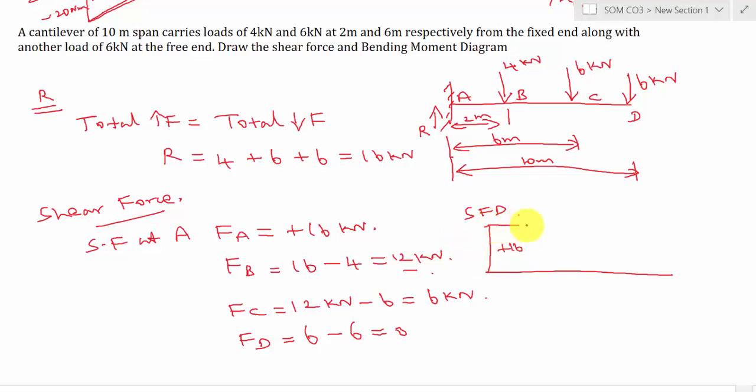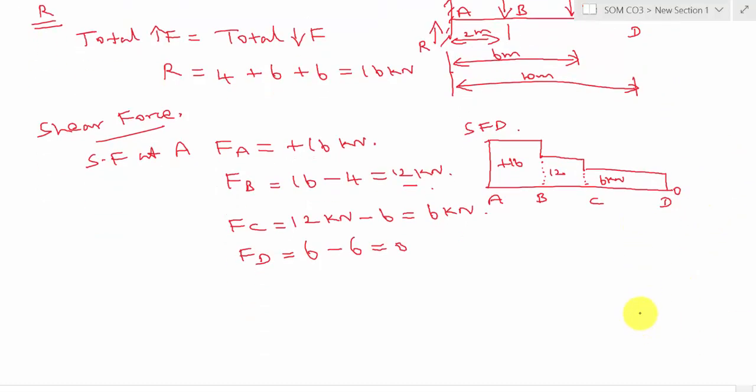Then at point B, it is reduced to 12. And at point C, it is further reduced to 6 kilonewton. Then at point D, it is 0. So this is point A, B, C and D. So this is the shear force diagram of the given beam.